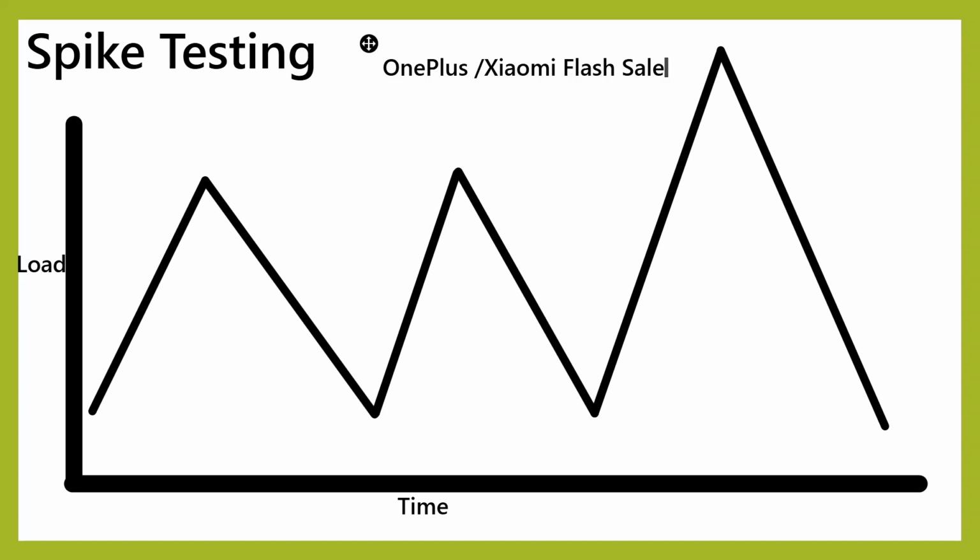For example, the sale is at 12 p.m., right? So before 12 p.m., for example, at around 11:30 a.m. or 11:45 a.m., there won't be any load. But immediately, just around 12 p.m., the load would increase so much that the servers are not able to handle requests, right? So this kind of testing, we call it spike testing.